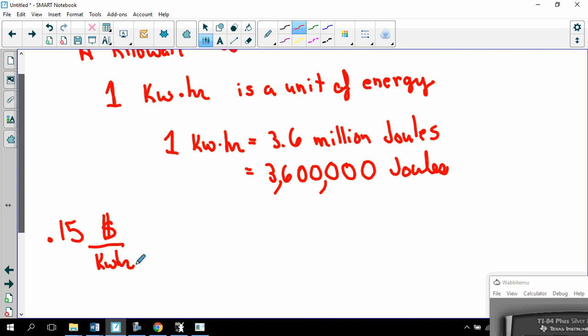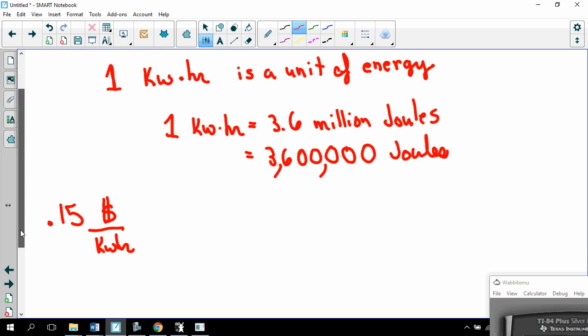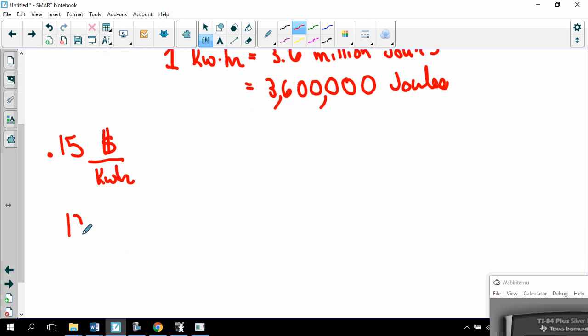And how much does it cost to keep a 100-watt light bulb on for a week? So let me see what I'm going to do. Let's just start this. 100-watt light bulb for 1 week.